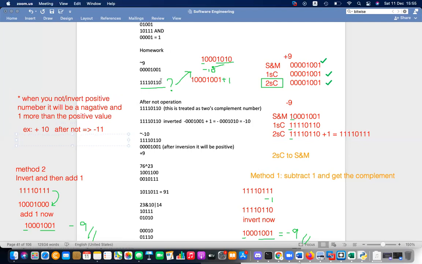I advise you to write it down in case you cannot understand what's going on behind it.